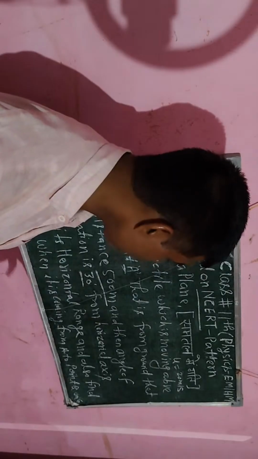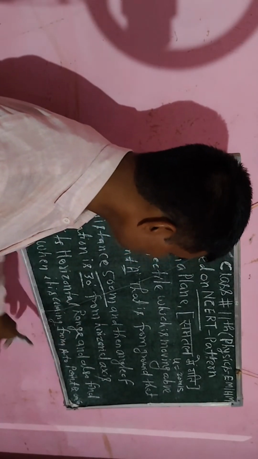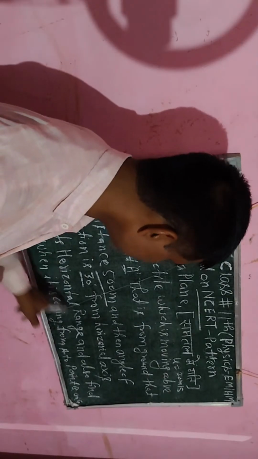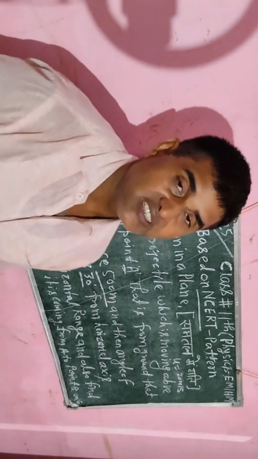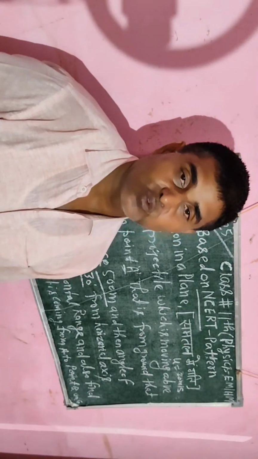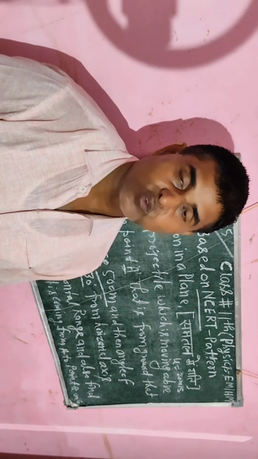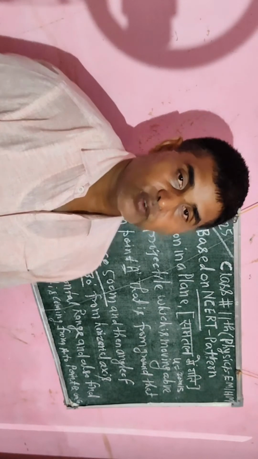So we have to find the time from point A to point B, and also calculate the horizontal range of the projectile. These are the information available in the question, and then one by one I will find each and every requirement.